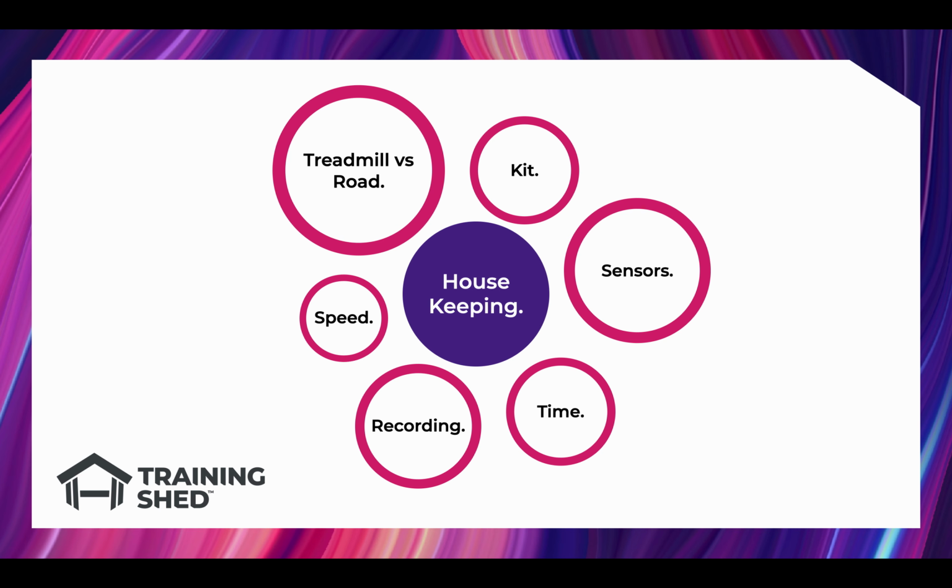Next factor we need to keep for this housekeeping is speed. We just touched on it there with the treadmill. Get people running at their speeds. Obviously, in the absence of that, when you're assessing injured runners, you might just get them on and run at any speed, you just want to see how they're running. If we're assessing a healthy individual, we need to assess them at their speed.